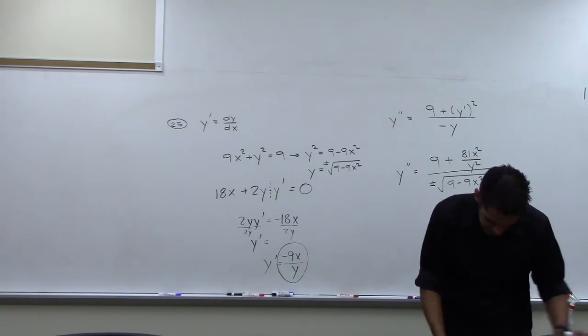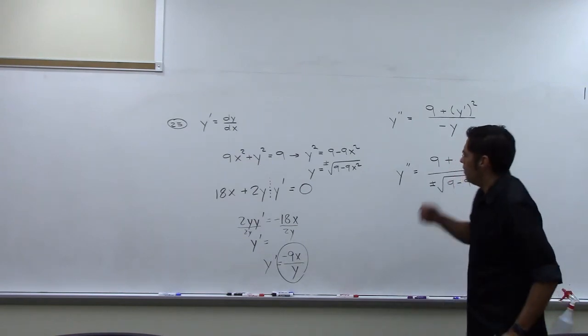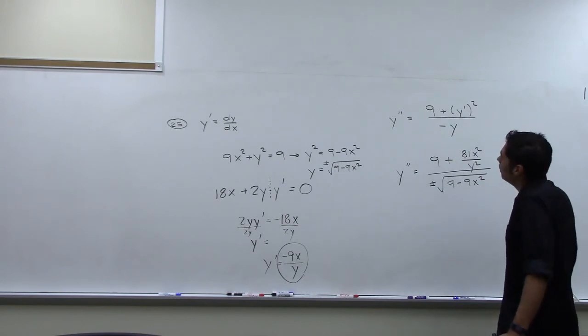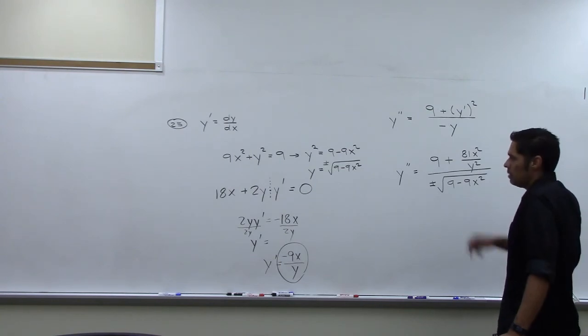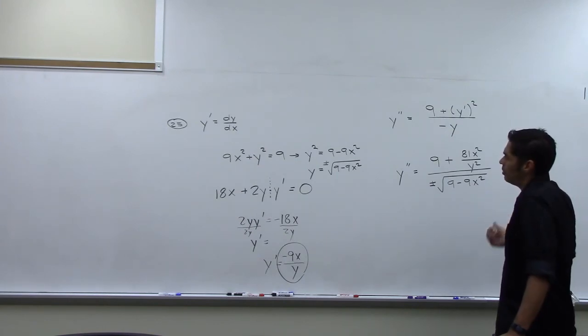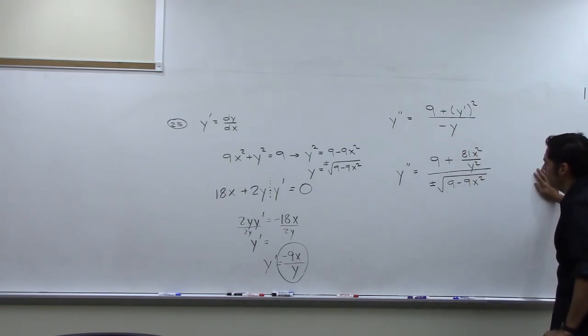What am I missing here? y double prime. 18x, 9, 0. That's right. The answer in the back is so much cleaner than this. I'm wondering, do they clean this up?